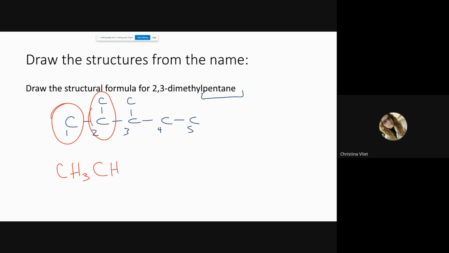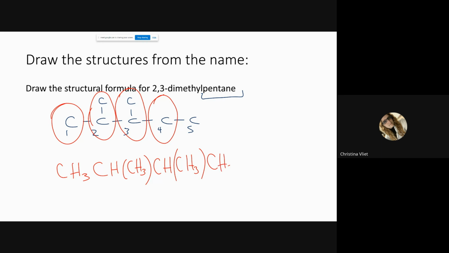Methyls need to be written in parentheses. CH3. And here, another methyl, right? Parentheses. And then what about carbon 4? CH2, carbon 5, CH3. And that's it.